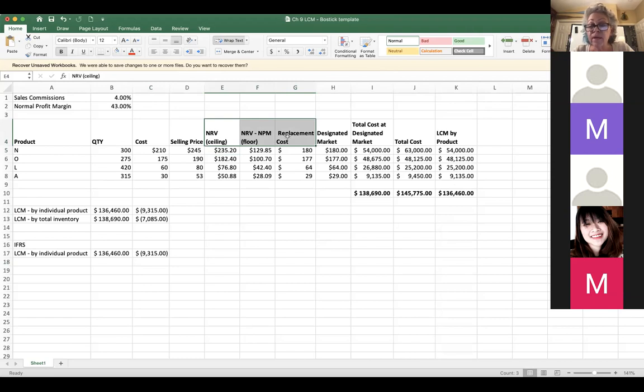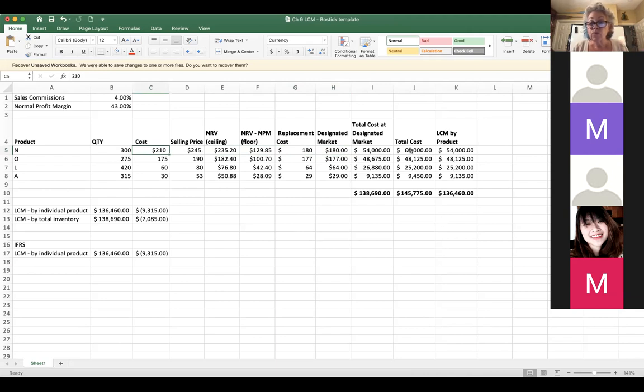So you have to pick the middle number of the three for your market, which again, I call designated market. It's not referred to as designated market in the textbook, but the reason that I'm choosing to do it is so that you understand that it is a calculated number, which is simply the middle number of the three. So now I compare market to cost in order to determine which one is lower, okay?